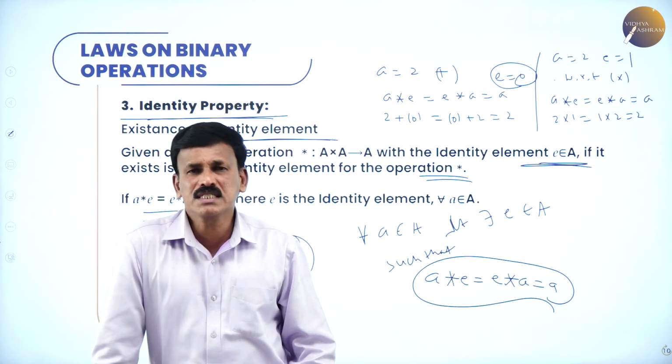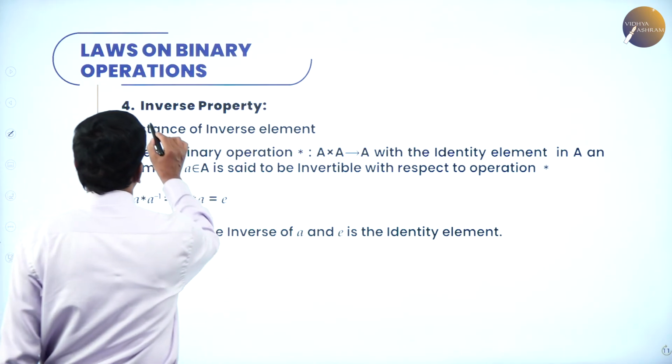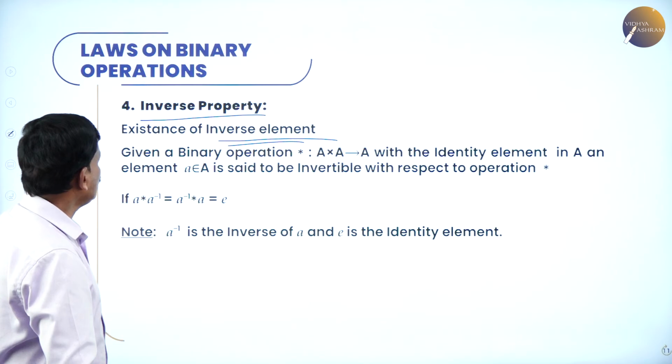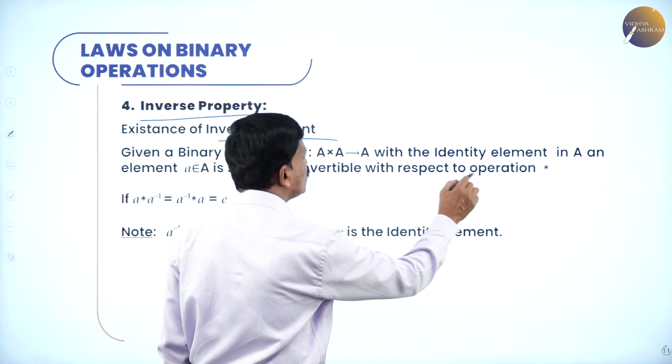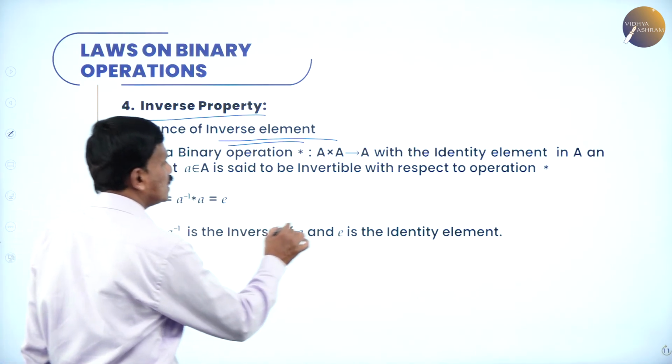Now, let us come to the existence of an inverse property. Inverse law, inverse property, existence of an inverse element. Same condition. Given a binary operation star from A cross A to A with an identity element in the set, E is an identity element.